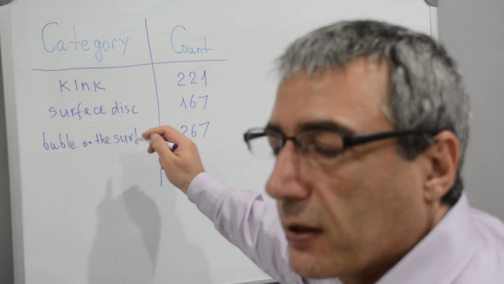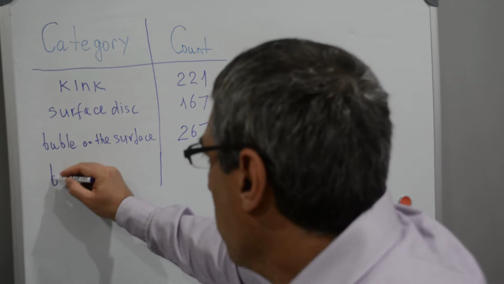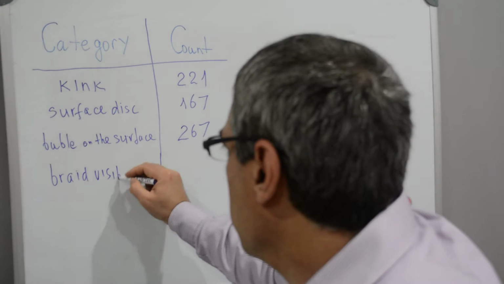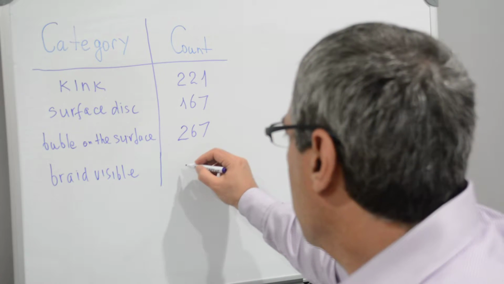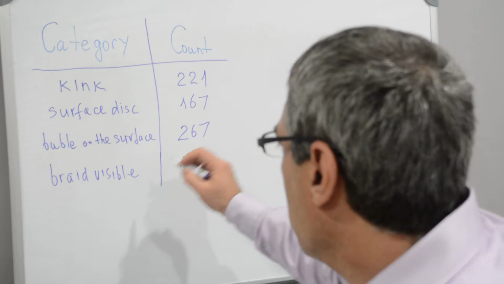So we reject those catheters as well. So we have the braid visible reject category, and we rejected 101 catheters for that.